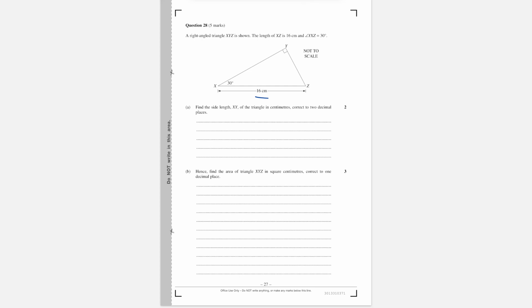Find the side of length XY of the triangle in centimeters correct to 2 decimal places. So we simply write cos 30 degrees is equal to XY over 16. So then 16 times cos 30 is equal to XY.